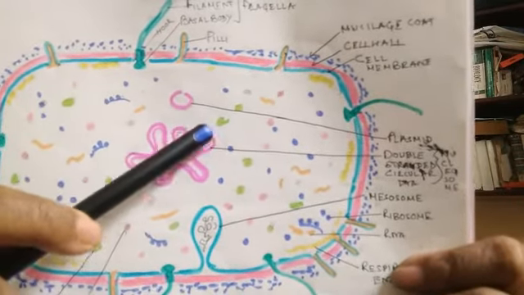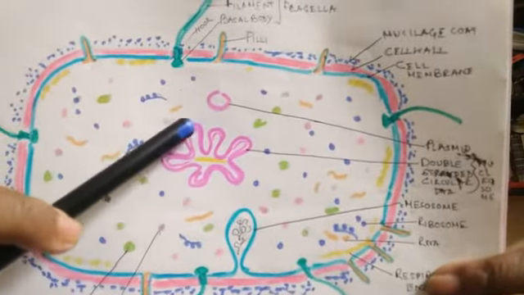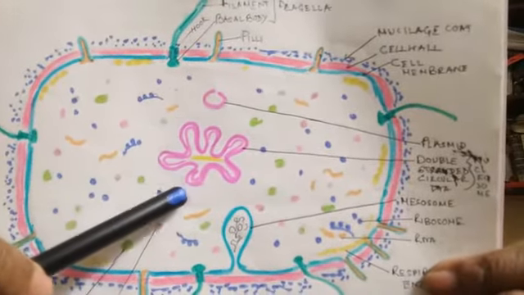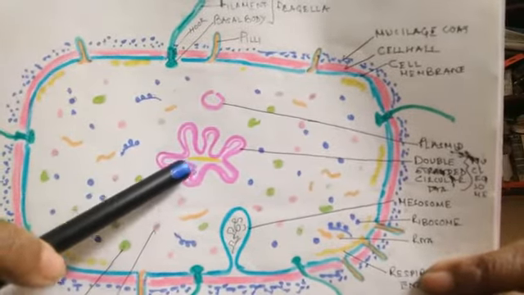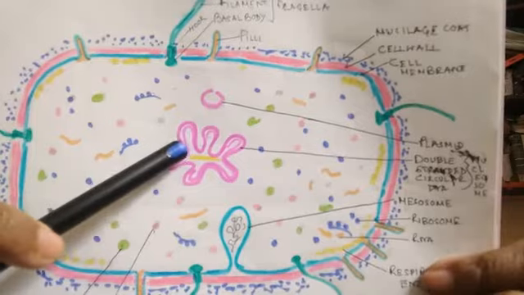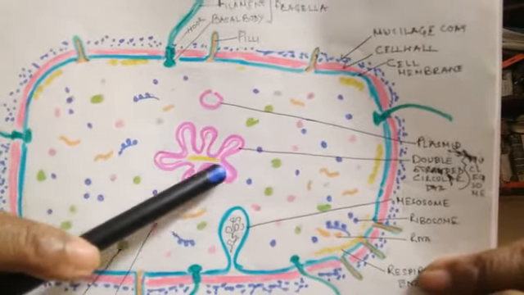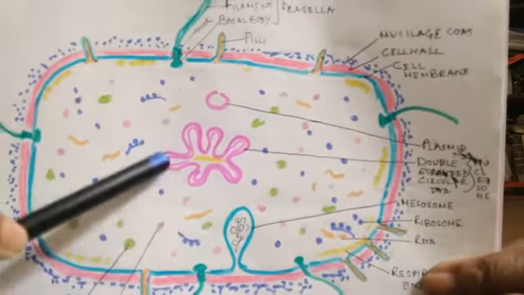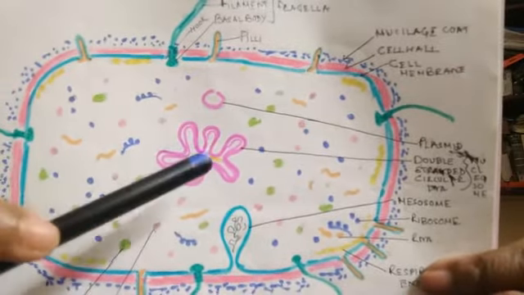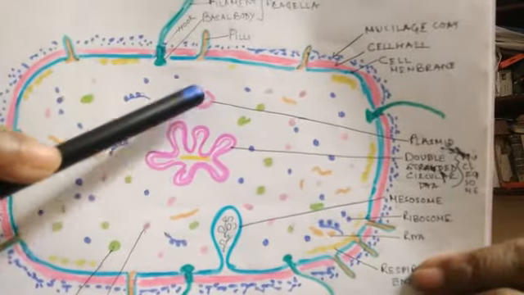In bacteria, the prokaryotic cell doesn't possess a well-developed nucleus with nuclear membrane, nucleoplasm and all. Instead, they have a single circular DNA thread, which is looped by certain proteins, and that is called the nucleoid.